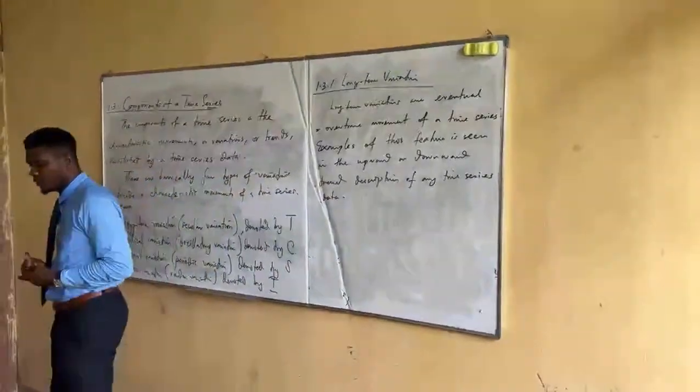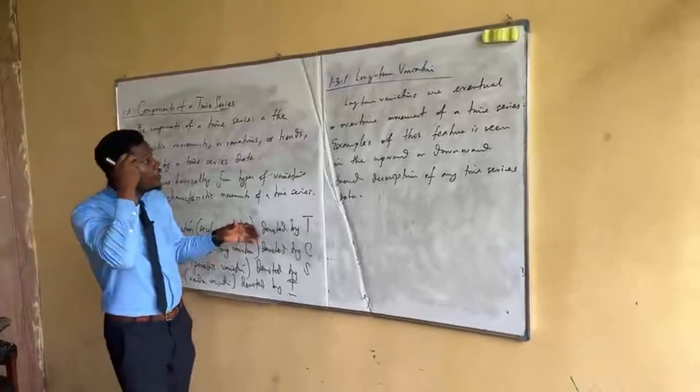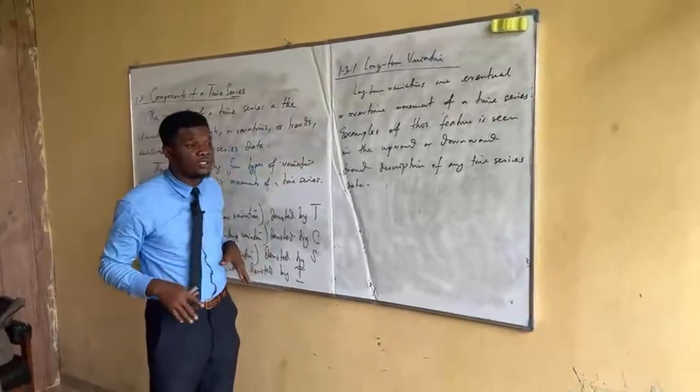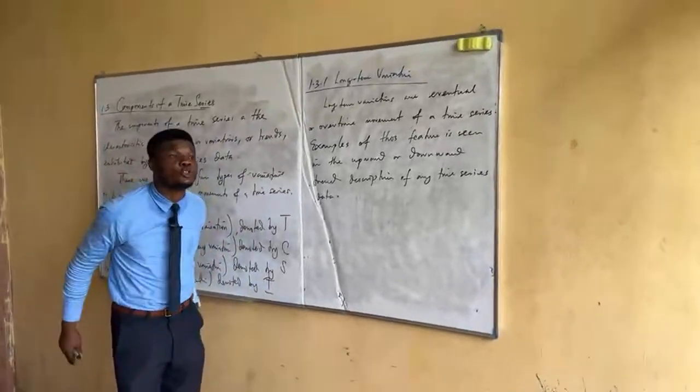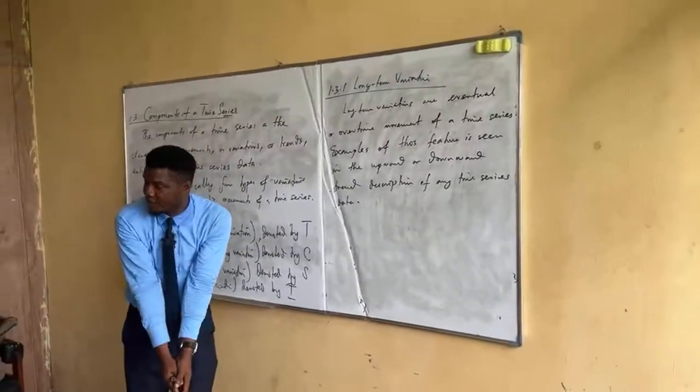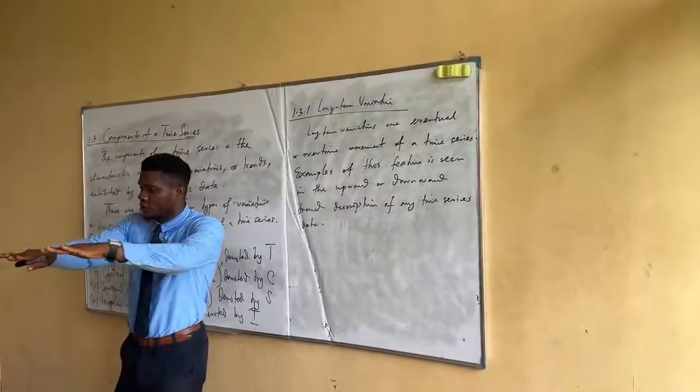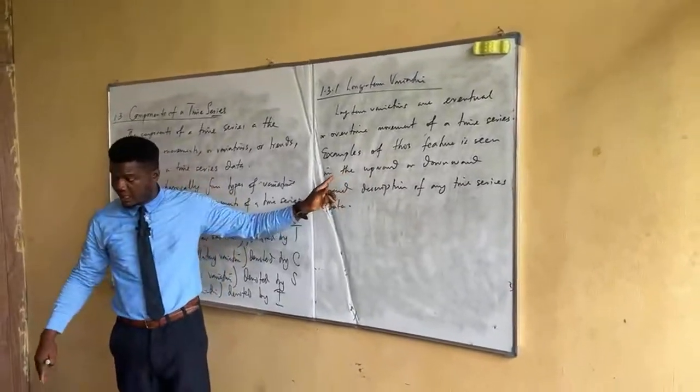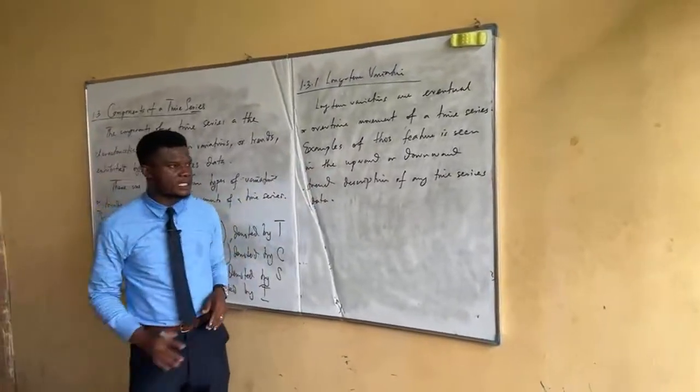Full stop. So this particular component of a time series does that for you. It tells you over time, has the trend been downward? Over time, has it been upward, or has it remained stagnant? Is it clear? This component explains that.